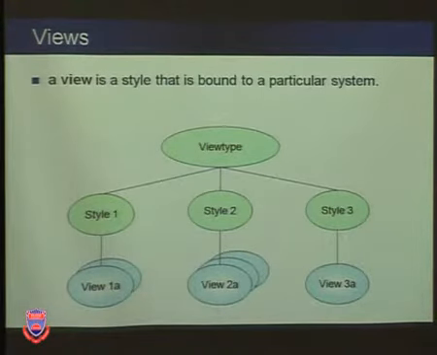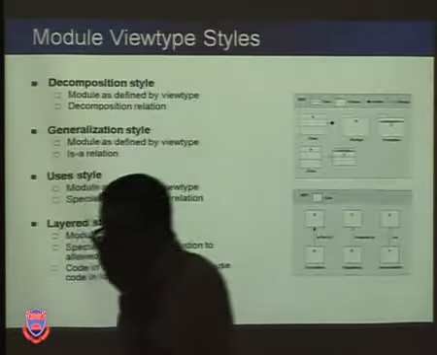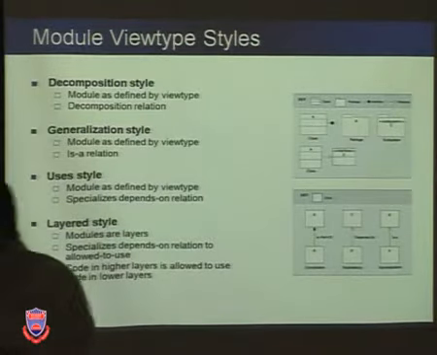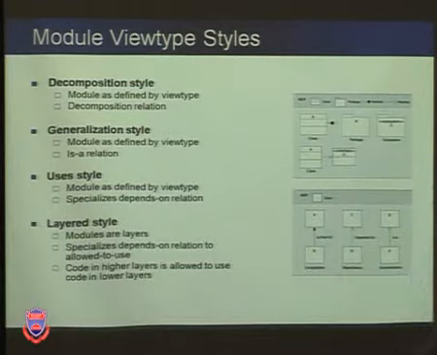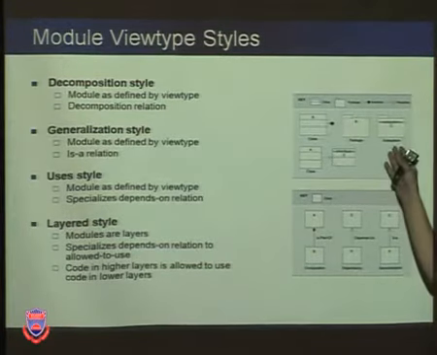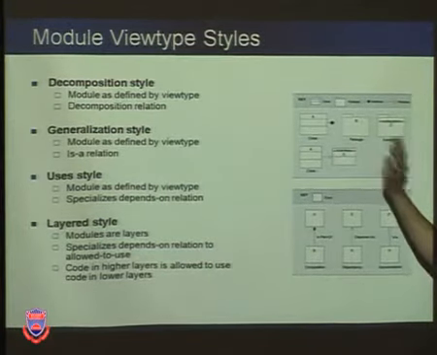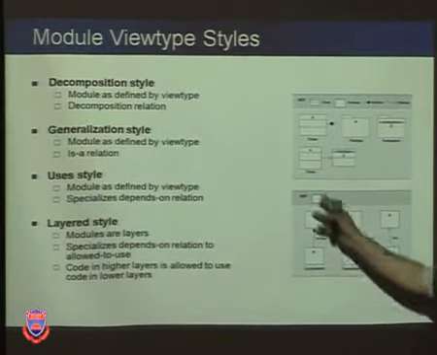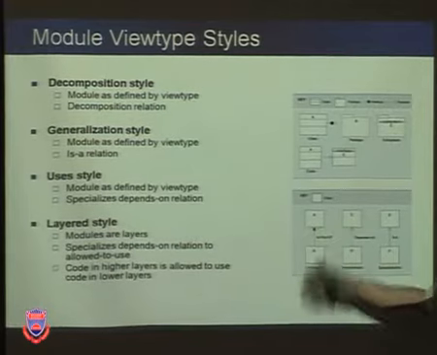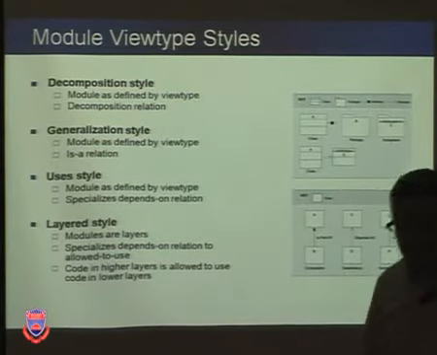Decomposition style: you just take a module here. The modules are just as defined by the module view type. In decomposition style, you take this relation. I will show examples.